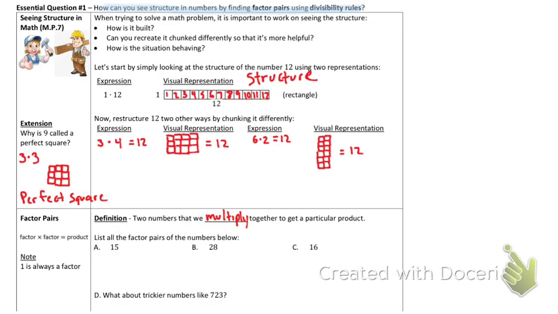The word product just means the result of multiplication. So I'll write that down: product is just a result from using multiplication.